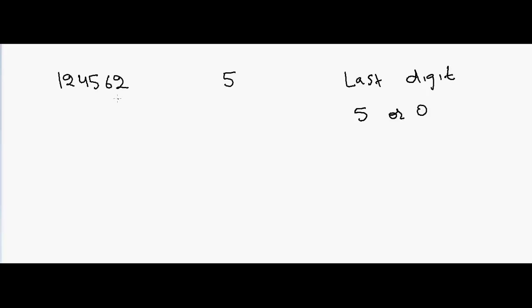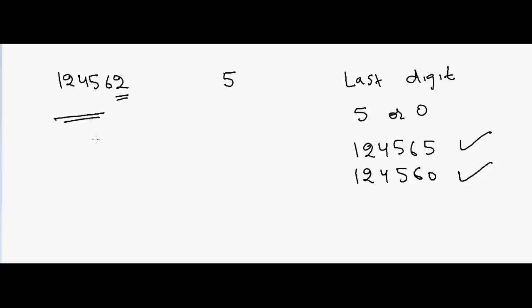In this case it's not, so it is not divisible by 5. If I had 1 2 4 5 6 5, then it would be, or if I had 1 2 4 5 6 0, then it would be, but not in this case. So we know this now.